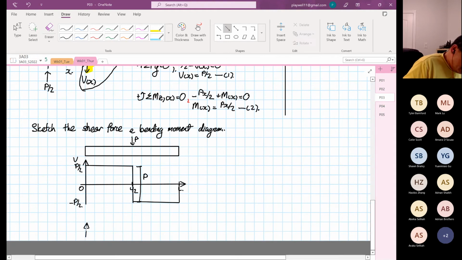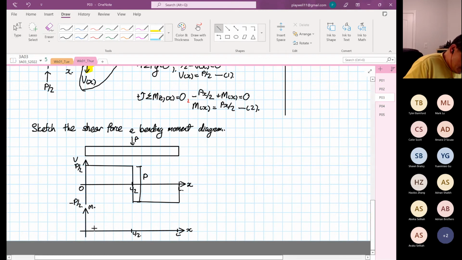I know I'm squeezing. All right, so this is M, and this is our distance X. By looking at our equation number 2, this is X, this is L over 2, this is L. It is a linear equation.